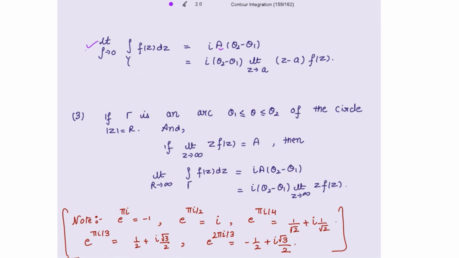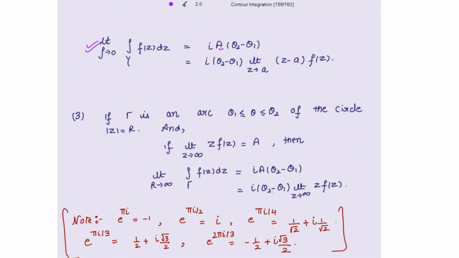So please remember this. Then the third one: if tau is an arc where theta is lying between theta 1 and theta 2 of the circle mod z equal to r, and if limit z tends to infinity of z f of z is equal to A, then limit r tends to infinity of the integral over tau of f of z dz is equal to iota A times theta 2 minus theta 1.